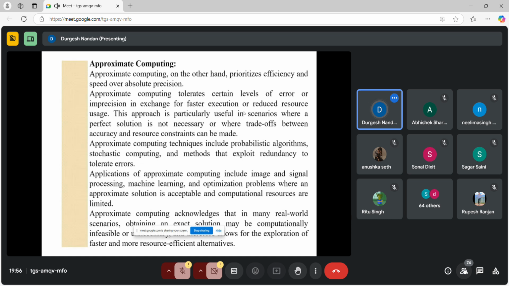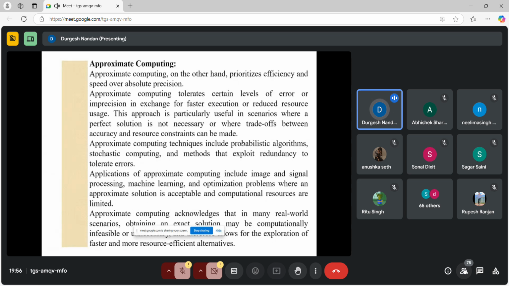These are a few types or subtypes of approximate computing. If we talk about the broad areas of application, then basically image and signal processing is the bigger area where approximate computing works.